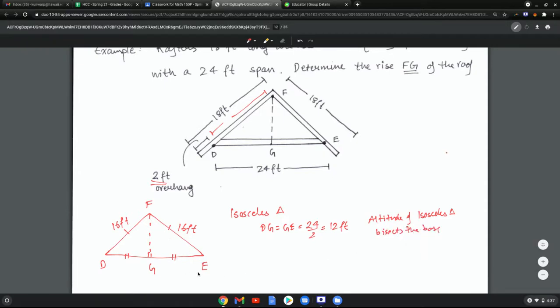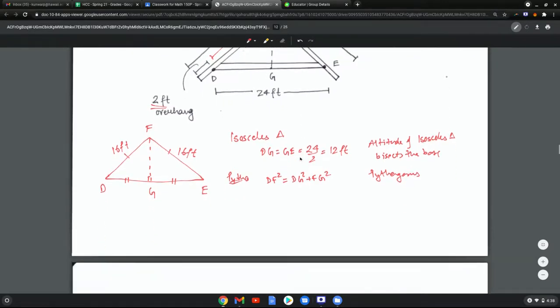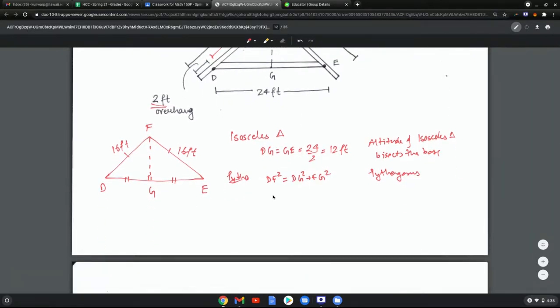We're still not done. We need to find FG. Then we have Pythagoras theorem, which says that DF squared equals DG squared plus FG squared. And this is by Pythagoras theorem. And DF is given to me as 16. DG we just found is 12.